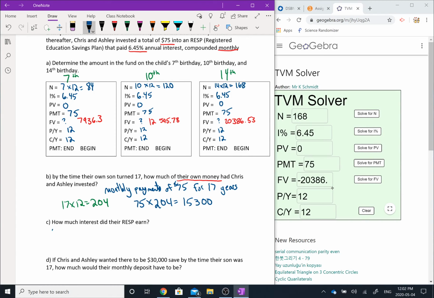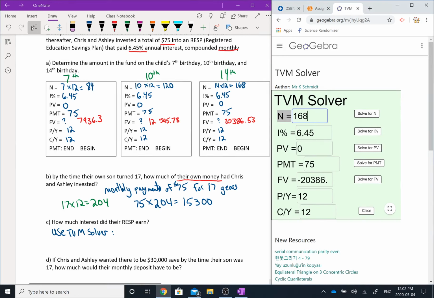So we need to use a TVM solver to figure out how much they're going to have when their son turns 17. Again, it's basically like the first three examples we just did. The only thing we need to change is that N value, which in this case becomes 204, which we already figured out. And then once we do that, again, click FV to find our new value.